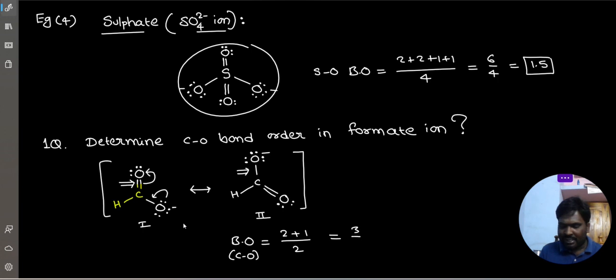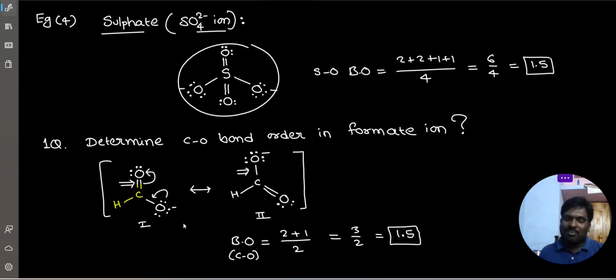So 3 by 2 means 1.5. Understood or not? So for the CO bond order, the simple trick is the sum of the bonds around the central atom, 2 plus 1 only, by 2, which is 3 by 2, that is 1.5. CH is not being asked here, CO is.